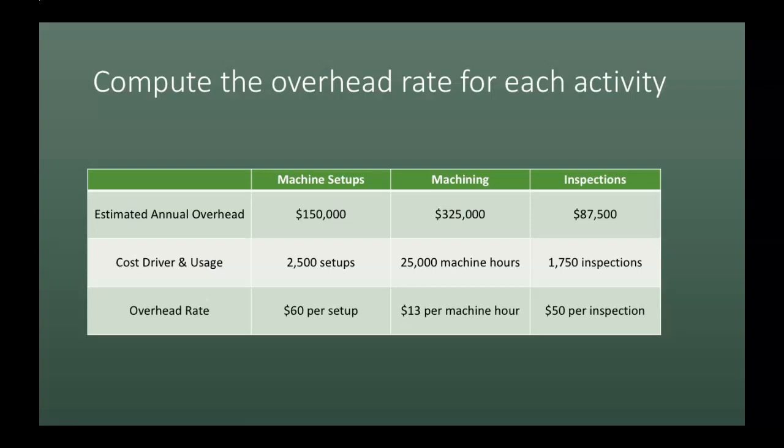So if we tried to lump this all together to do a predetermined overhead rate, it's not going to be as exact for us. So that's one of the reasons that a company might choose to have overhead rates for each individual activity rather than one predetermined overhead rate for the company as a whole.